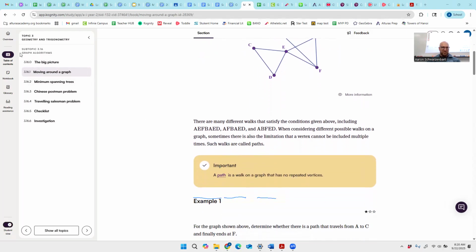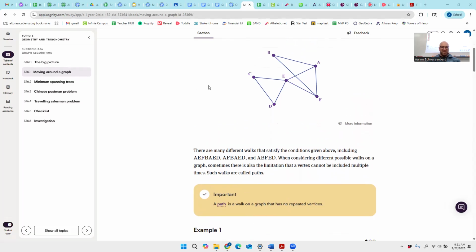A path is a walk that has no repeated vertices. Make sure you know that definition.